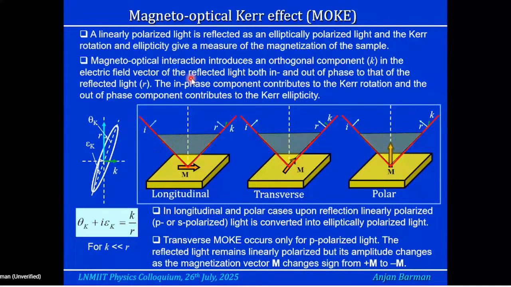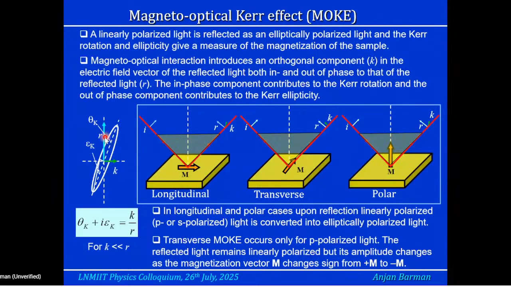That orthogonal component makes it go from linearly polarized to elliptically polarized, because the phase between these two will make it elliptically polarized. Okay, the magnitude and the phase between these two vectors will make it elliptically polarized light. If they are not equal, they will anyway be elliptical. And if they are equal and have a certain phase, only then is it circularly polarized light.